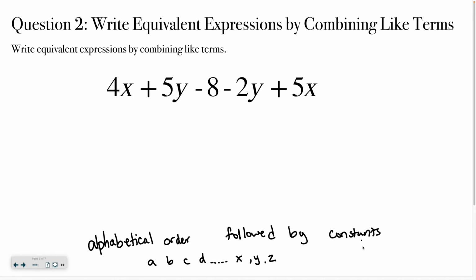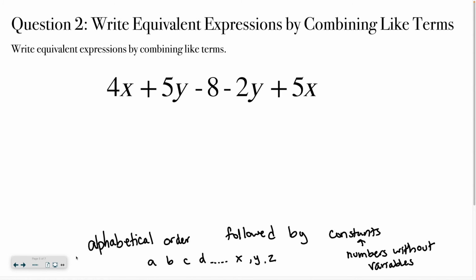And constants are your numbers without letters. And we call those letters variables. Okay, so your constants are numbers without variables.